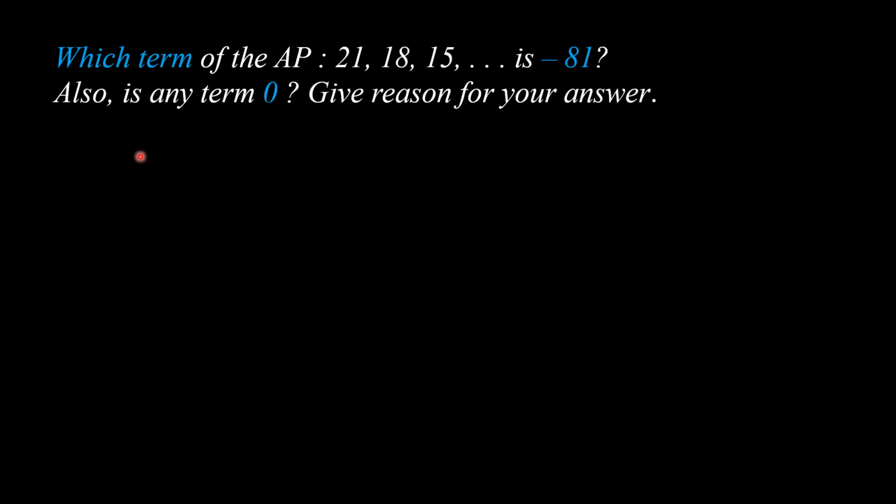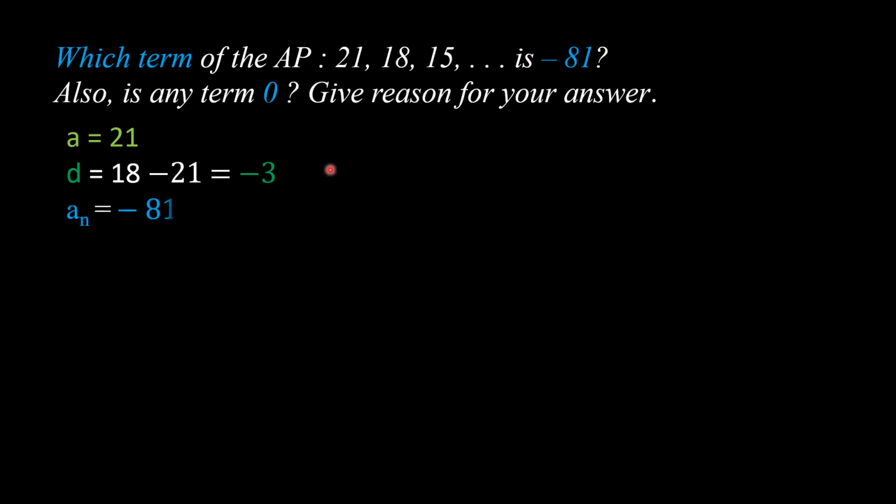First, we will write the first term, which is a equals 21. Then we write common difference d, which will be 18 minus 21, that is minus 3. Now, since we have to find the position of minus 81 in this AP, we will assume minus 81 to be the nth term of this AP.